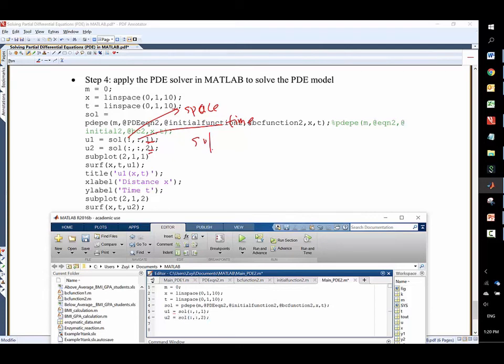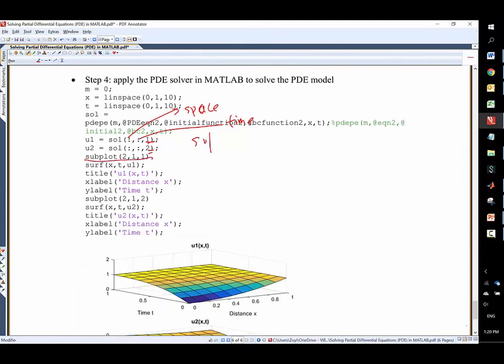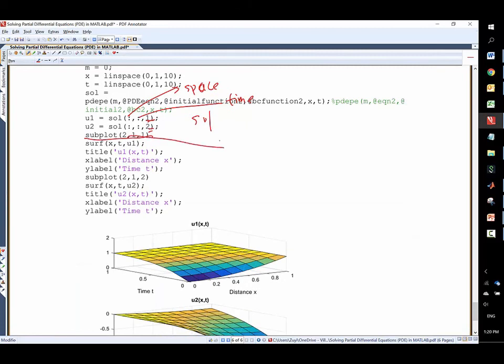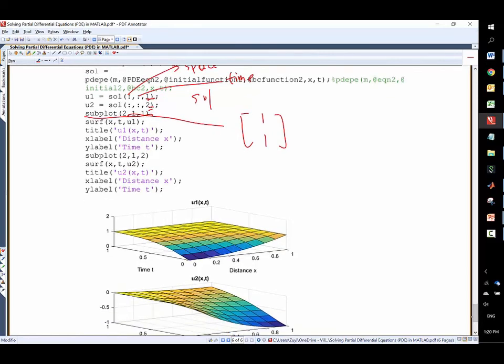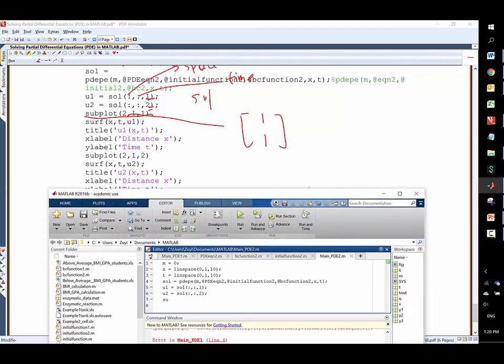2, and then subplot means what? We're going to plot two figures together. So this means we have two figures. Each one we have one, right? Something like this. You could just use help subplot to figure out how to use it. So we're going to have two figures, each with one column, and then surface.